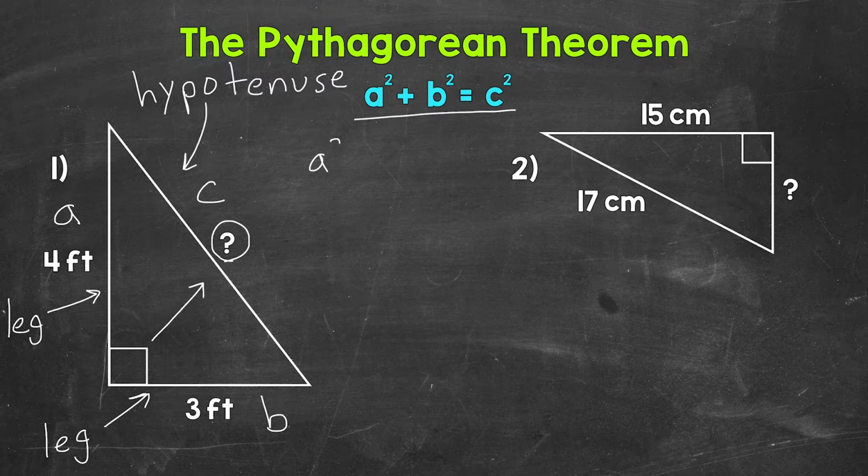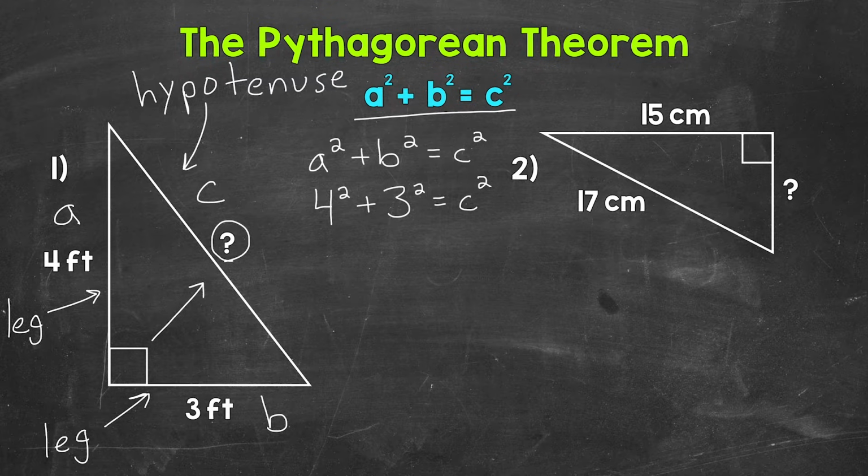So a squared plus b squared equals c squared. Again, we are given a and b, so let's plug those in. A is 4 feet, so 4 feet squared, plus b is 3 feet, so 3 feet squared, equals c squared. Now we can work through this equation and solve for c, so we need to figure out what c equals.